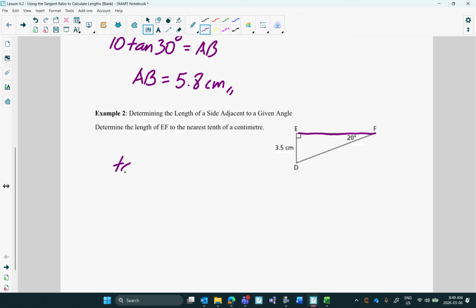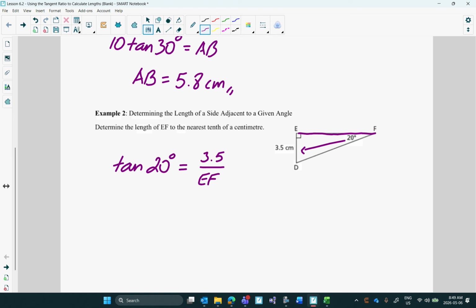Tan, whatever the angle is, in this case it is 20 degrees, equals, what side is opposite 20 degrees? 3.5 centimeters, is 3.5, over, remember DF is the hypotenuse, so EF must be the adjacent. So our equation looks like that this time.